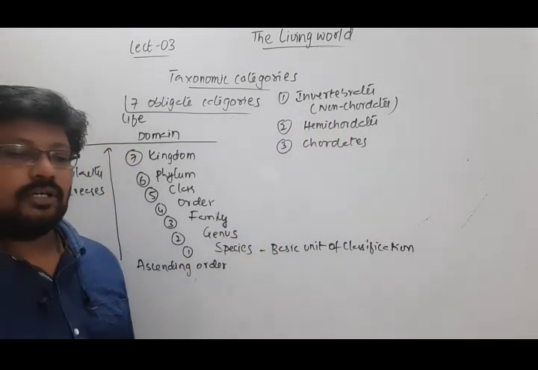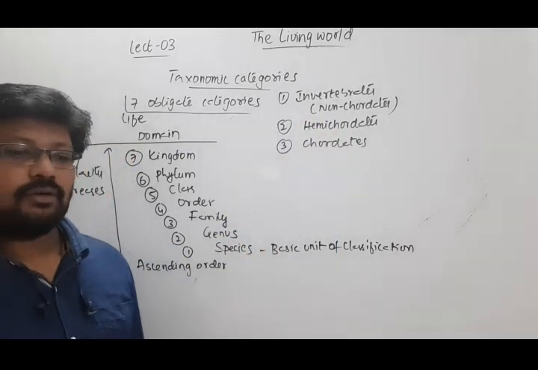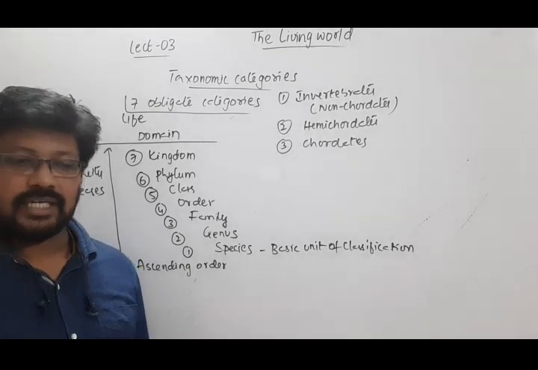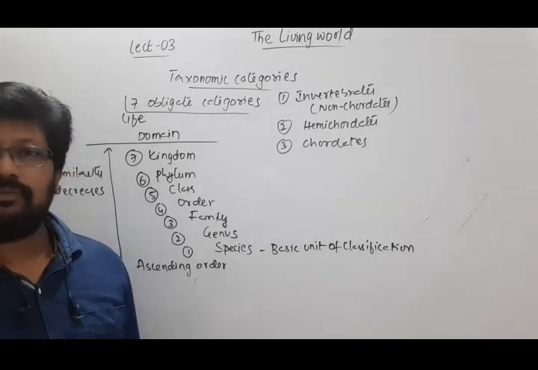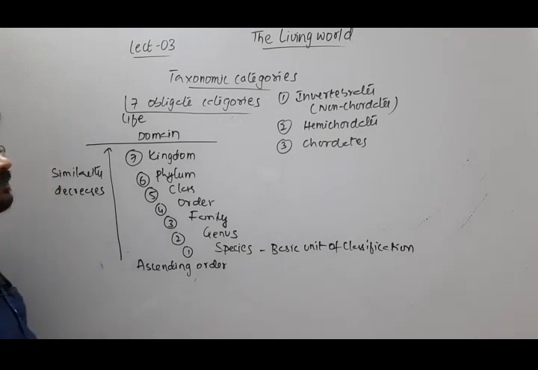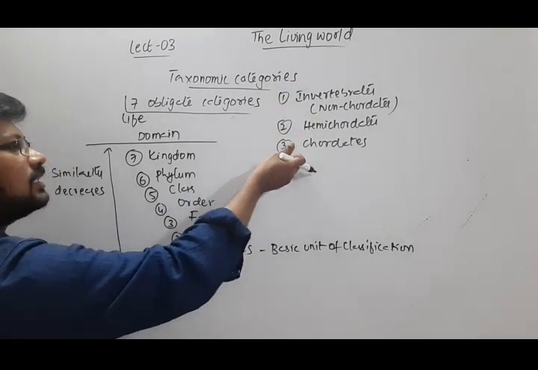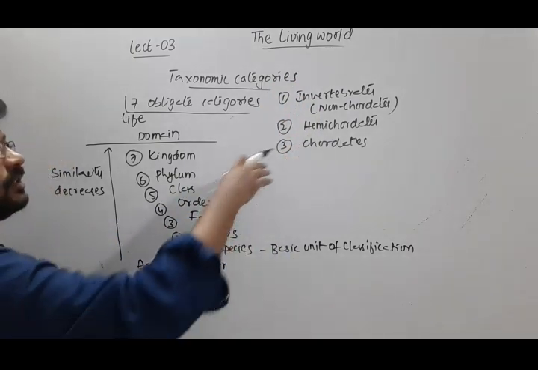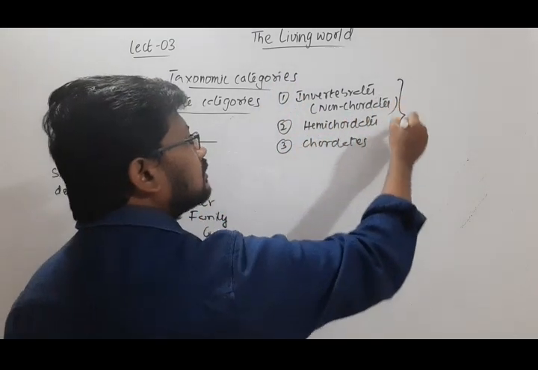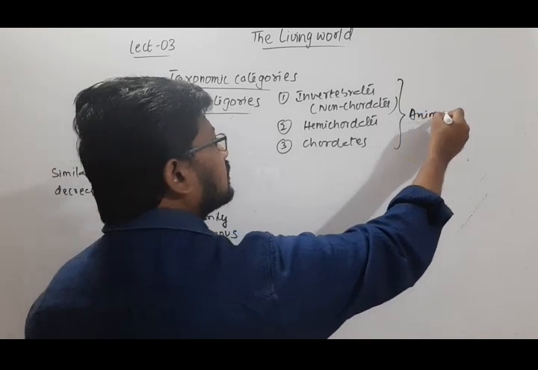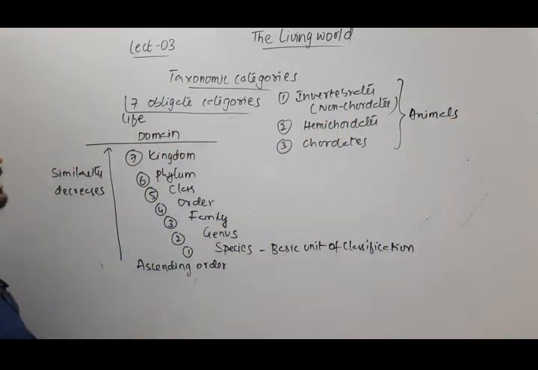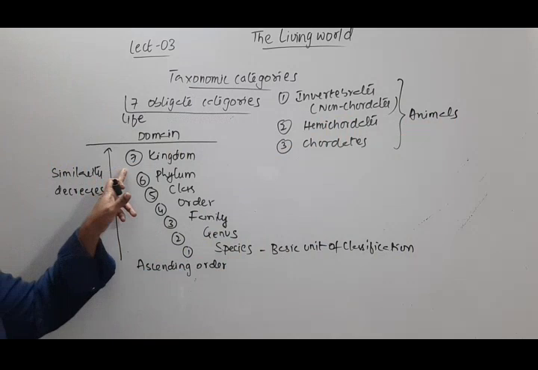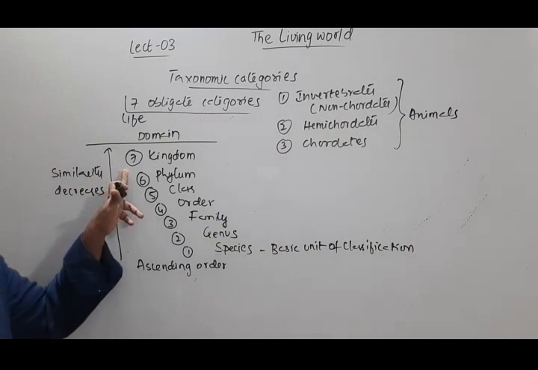So those chordates will have Urochordata, Cephalochordata, and Vertebrata, which are subphyla. Now, all these are animals. So what is the relation between them? These are all animals, hence they are all included under the kingdom.